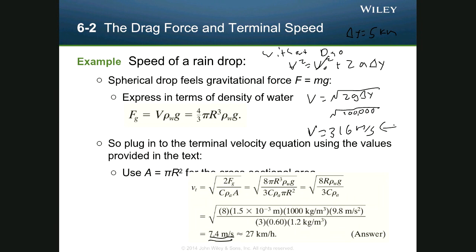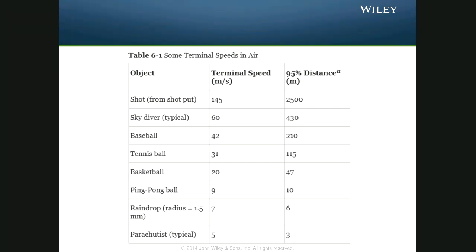All right. So as we can see here, we have a list of terminal velocities and speeds. You'll notice that a shot from a shot put has a very high terminal speed, and it reaches that distance in about 2.5 kilometers.